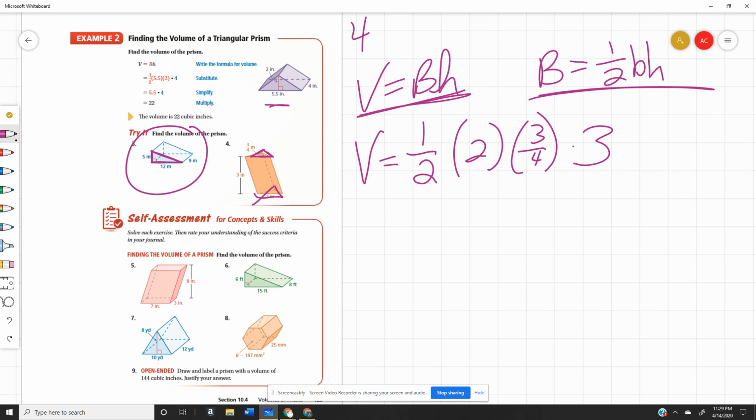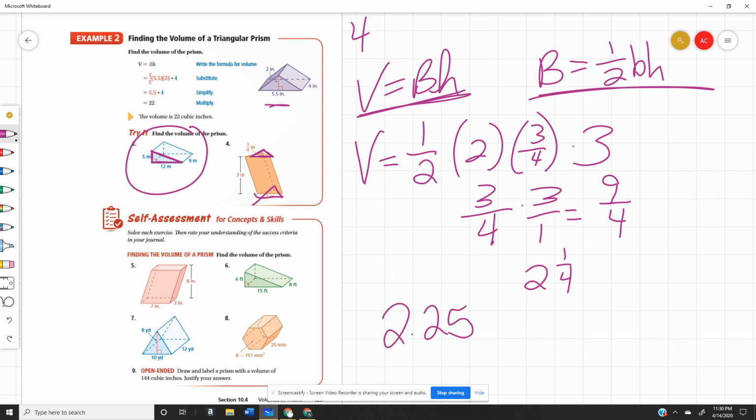Okay, half of 2 is 1. 1 times 3/4 is 3/4. So then I've got 3/4 times 3. That gives me 9/4, which is 2 1/4. Okay? You could also write this 2.25, and that's going to be meters cubed.